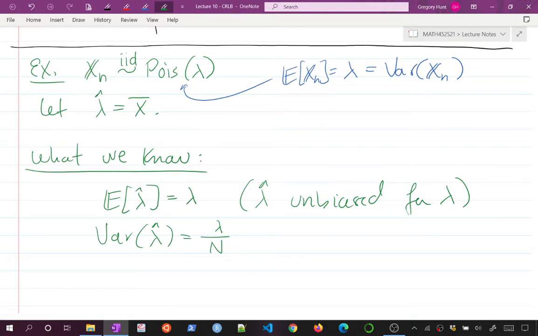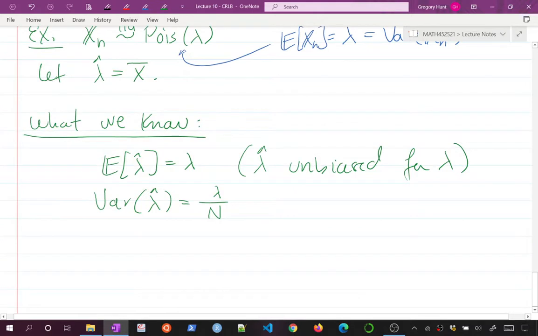We want to find the UMVUE. Now, you might have the intuition, which is that x bar is our UMVUE in this case. And now we can prove it. So let's calculate the Cramer-Rao lower bound.